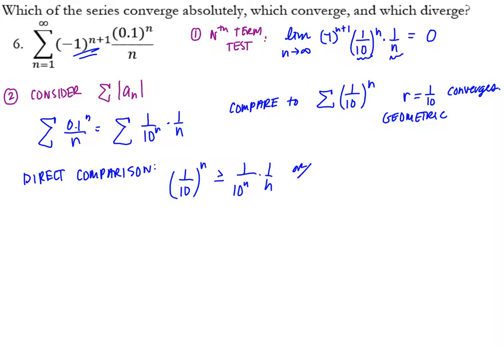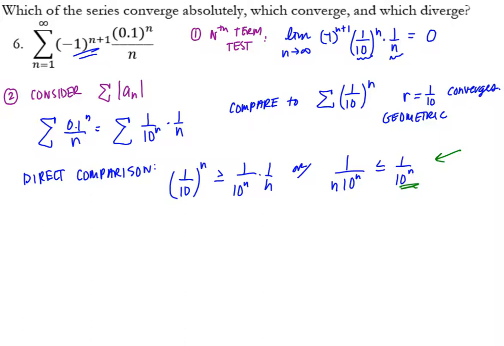Or maybe you think of it this way, the series we have, 1 over, let's write it as n times 10 to the n, needs to be less than or equal to our convergent series, 1 over 10 to the n. Those things mean the same thing. I think in class we mostly looked at it this way to show that this guy who was convergent is going to squeeze down the series we have that we don't know what it does.